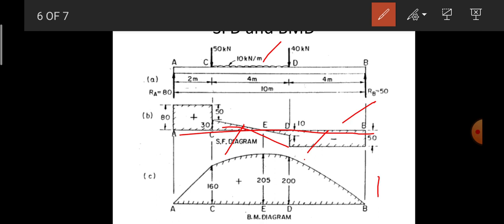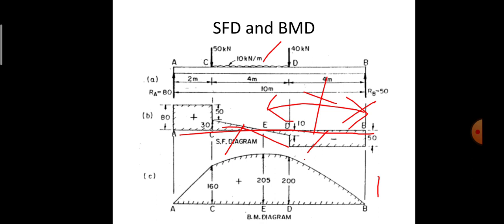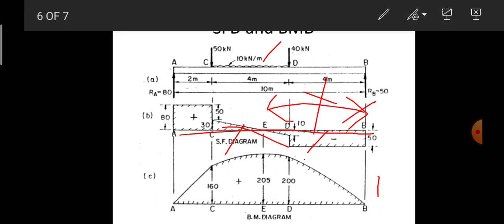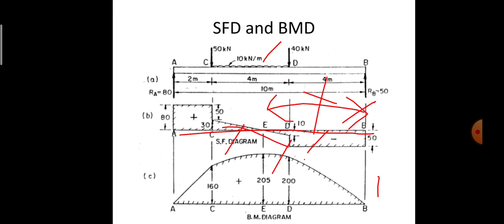By taking the shear force at some distance x from this side, shear force at a distance x, if we equate that to 0, we'll get the distance at which it is acting, as well as if we substitute that value in the bending moment equation, we'll get the value of the maximum bending moment, that is 205. Compared to other bending moments, we have got the maximum value, so we need to retain it as it is.